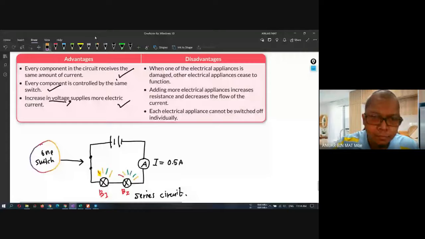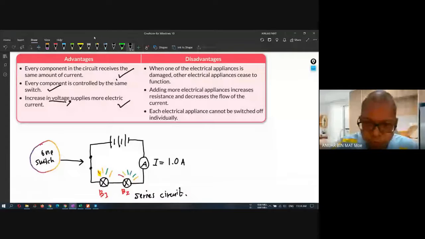If I add another battery here, the amount of current from 0.5, for example, maybe will become, just as an estimation, maybe 1.0 ampere. So B1 and B2, what happened to B1?